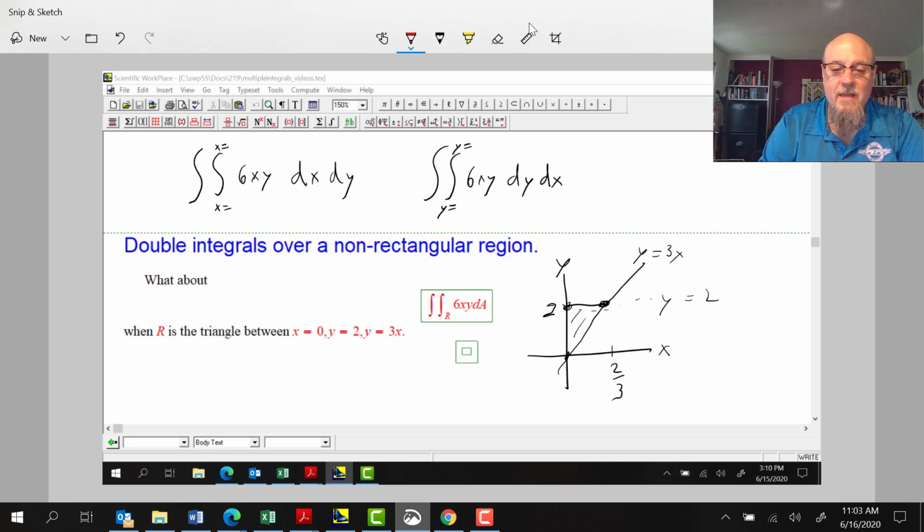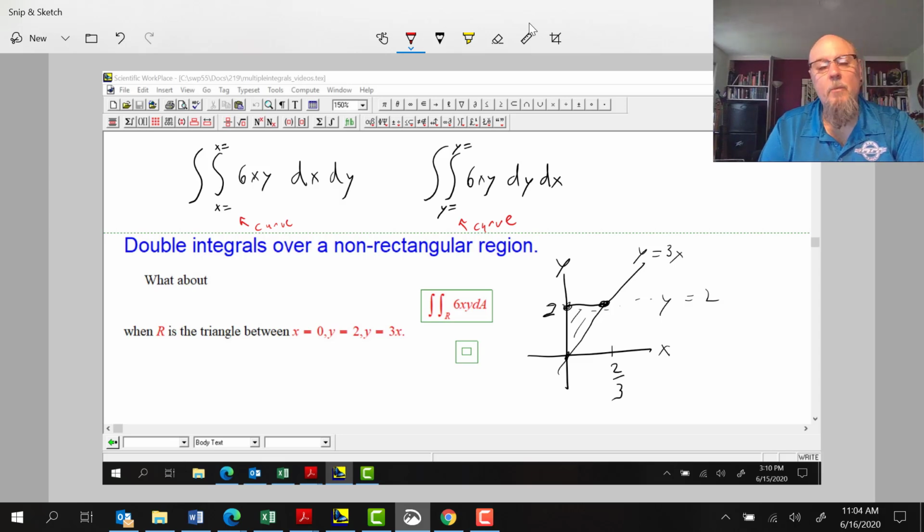When this was a rectangle, I'll do the x one first. When this was a rectangle, what did we put? We put the lowest x and the highest x. And we put them in as numbers, but I always now want to think of the inner integrals as always curves. The inner integrals are always curves.